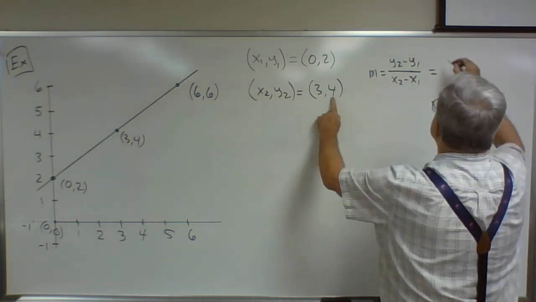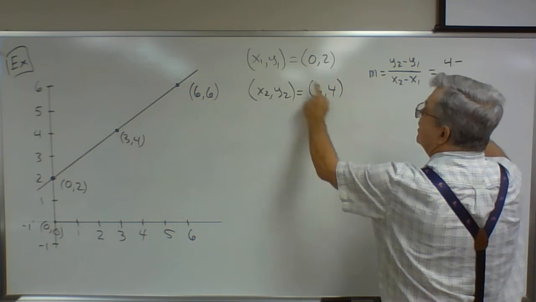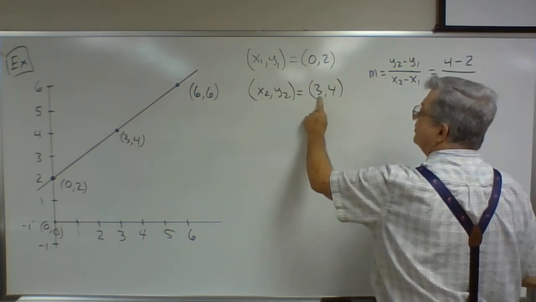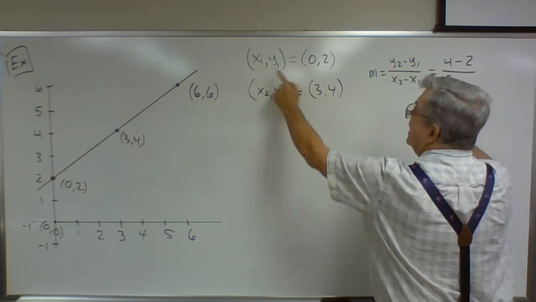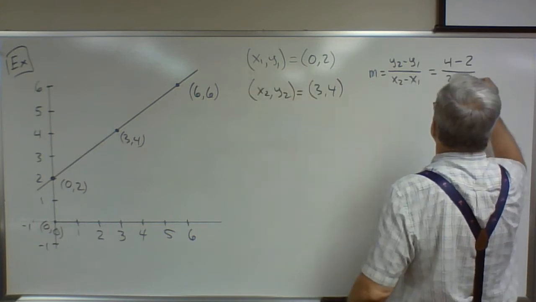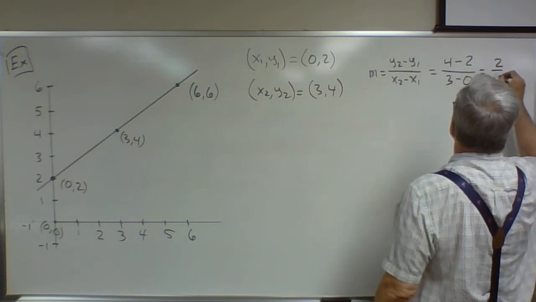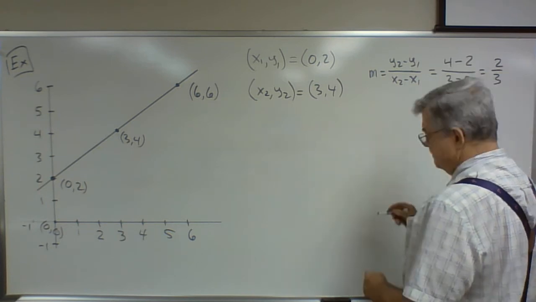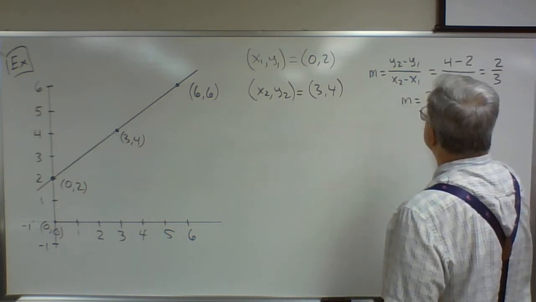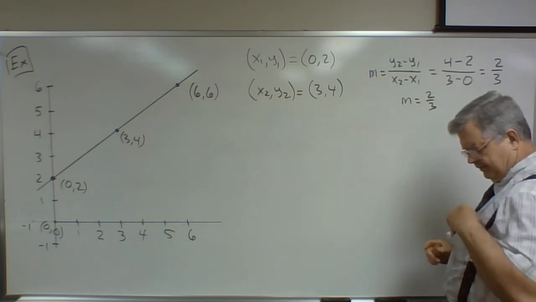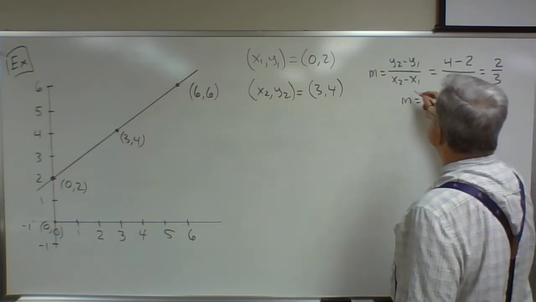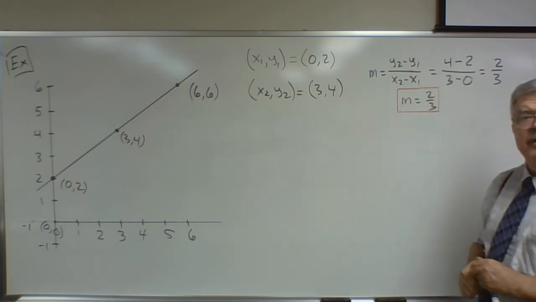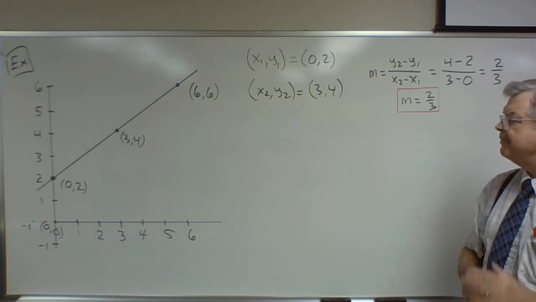Let's see, y2 is 4, y1 is 2, x2 is 3, x1 is 0, so I have 2 over 3. So we've computed the slope of that line.